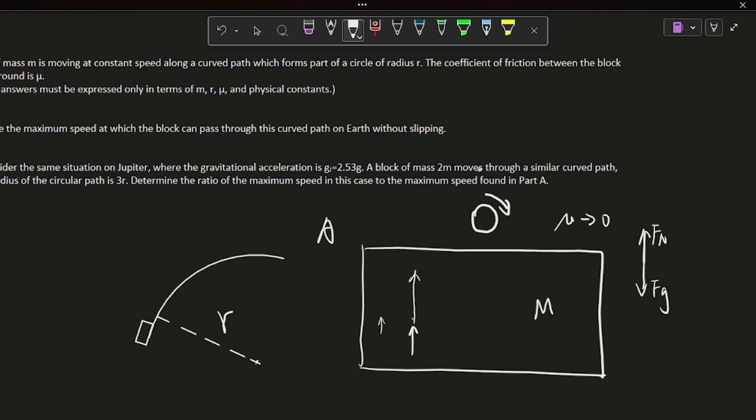So in this situation, we can clearly see that Fn and Fg will not be the centripetal force, because if one of these were the centripetal force, the car would be moving in a circular path. But obviously, when you're driving on an ice surface, you're not moving in a circular path. So these two forces cannot be the centripetal force.